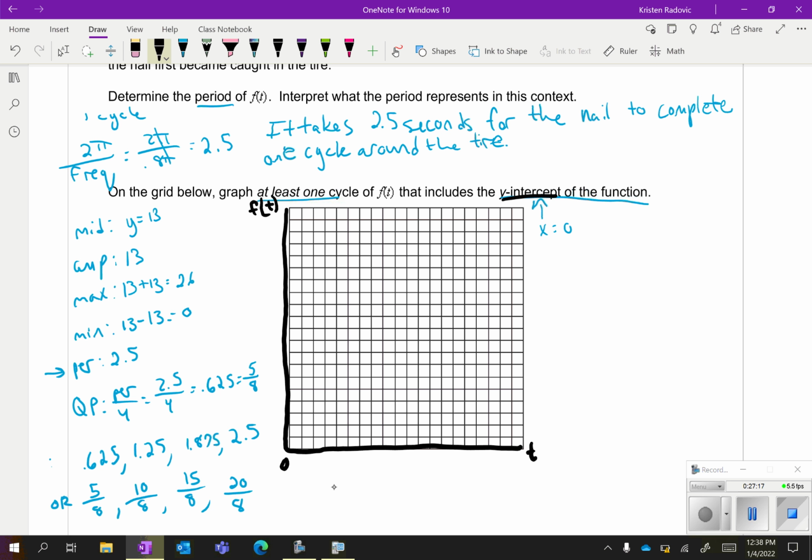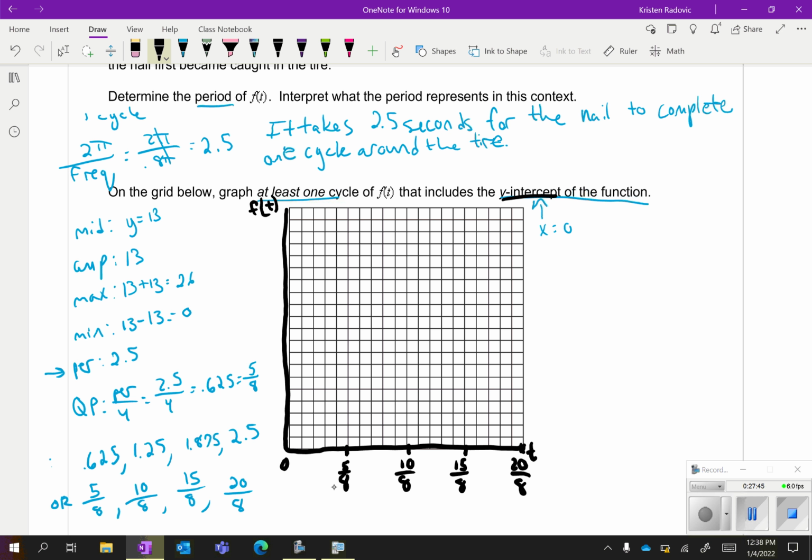Anyway, I have 4 quarter points, and I have a lot of space, so I'm going to space things out nicely. I'm going to do every 5 boxes is another quarter point. Yeah, that fits very nicely.